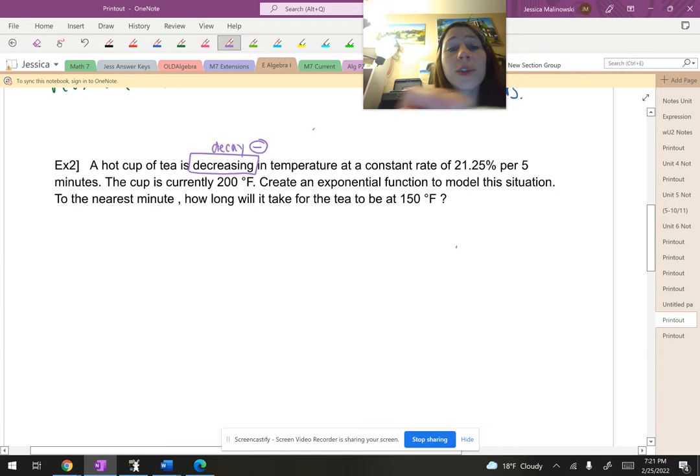First off, I need to point out that even though it says a constant rate, this is still not linear. Percentages are not a constant.